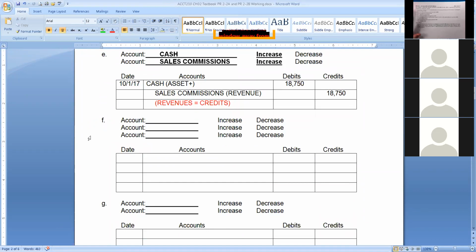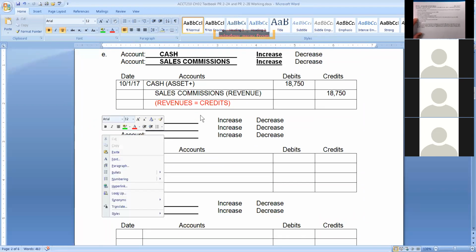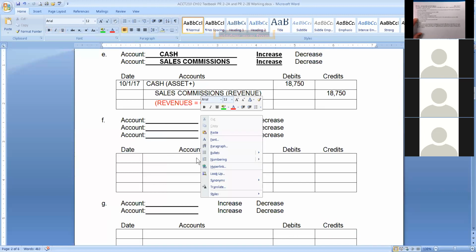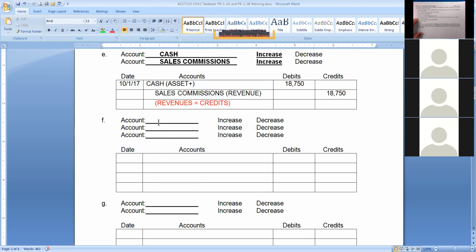All right, let's go to F. Paid automobile expense, including rental charge, for a month, $1,580, and miscellaneous expenses for $800.